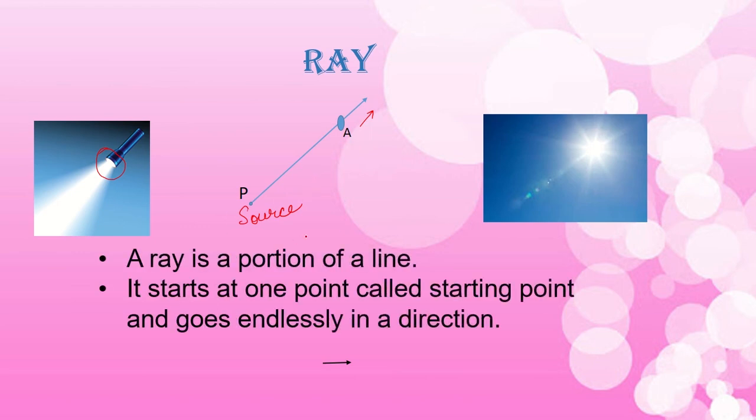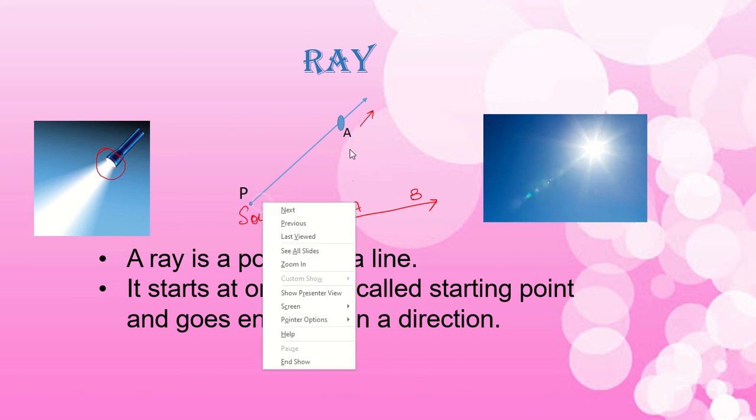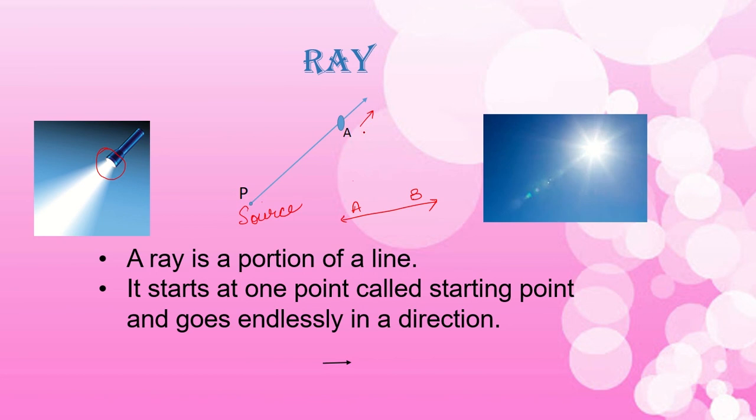A ray is a portion of a line. Why are we saying it is a portion of a line? Because when you were considering a line, both the points were moving. But when you talk about a ray, one point is fixed but the other point is moving. Only one point is fixed in a ray, but in a line, both points are moving. So we consider a ray as a portion of a line.